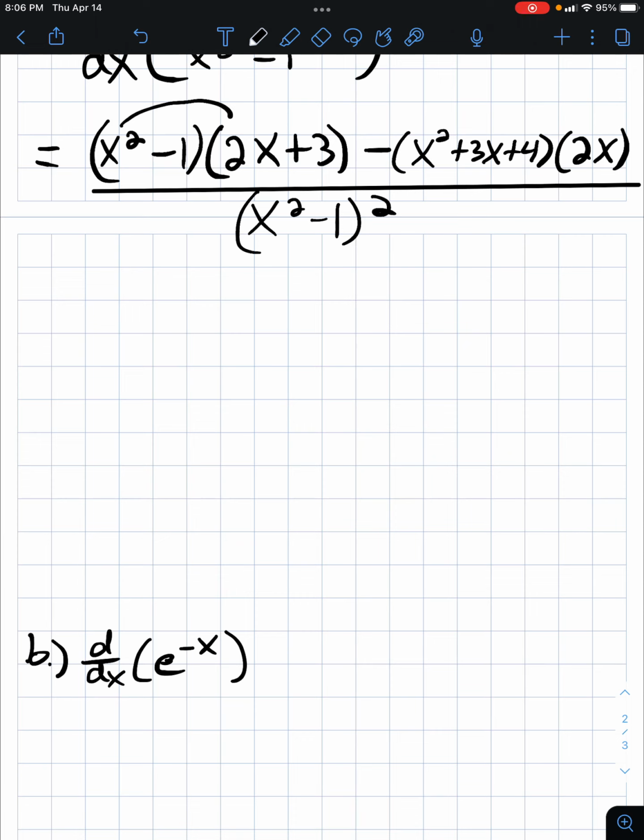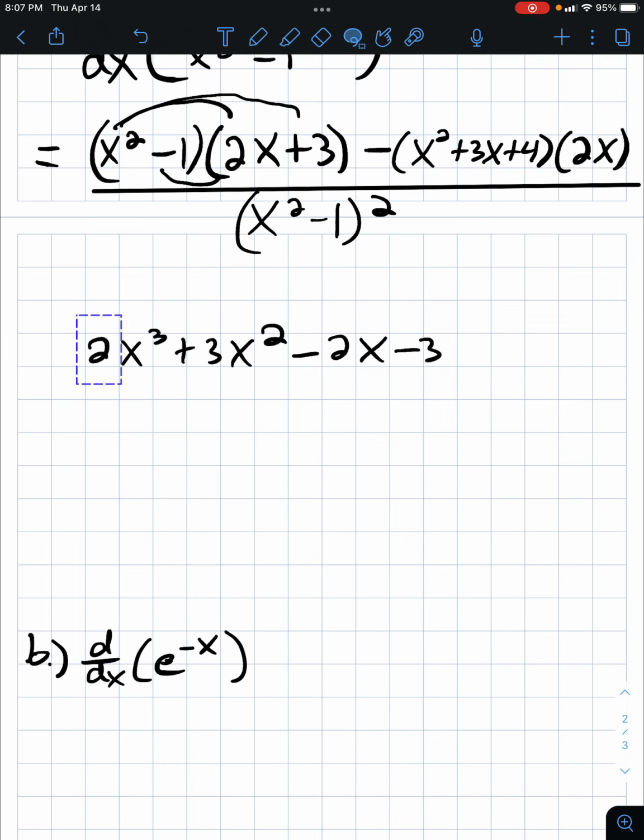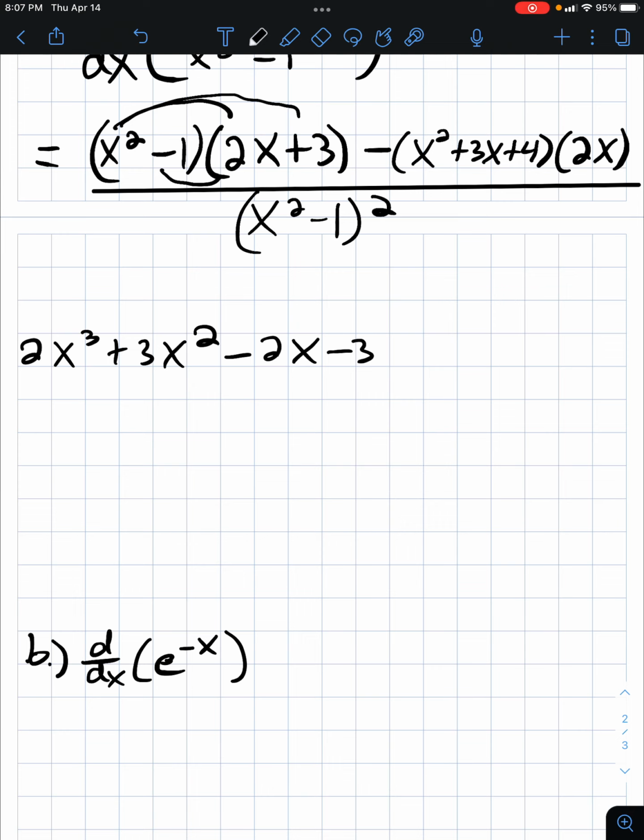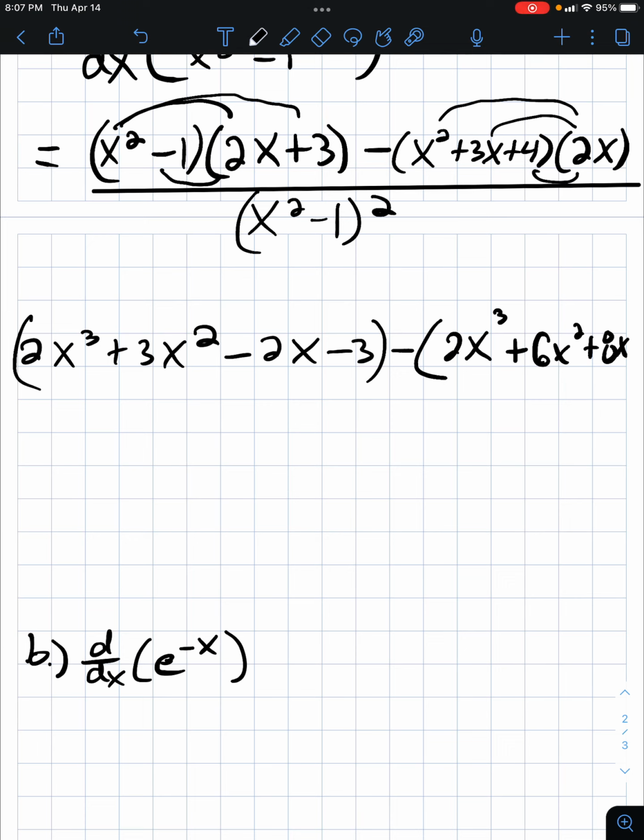We get 2x to the third plus 3x squared minus 2x minus 3, and then, remember this negative sign out in front, minus 2x to the third plus 6x squared plus 8x.